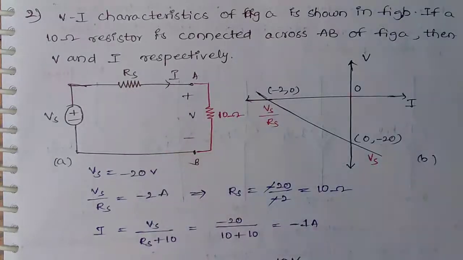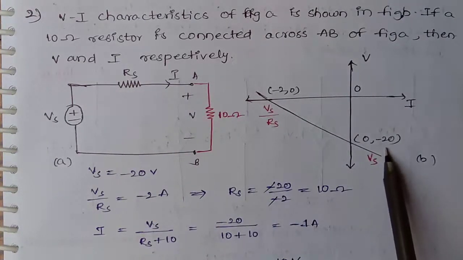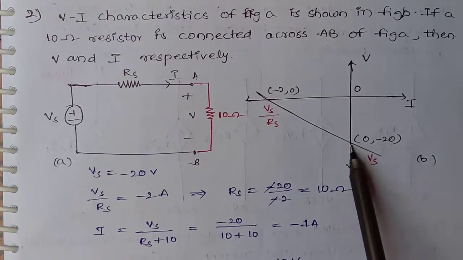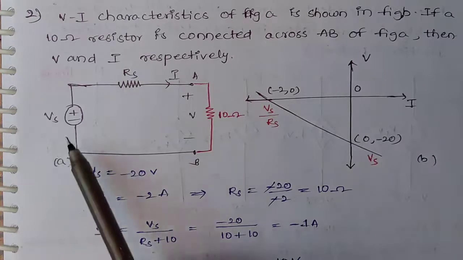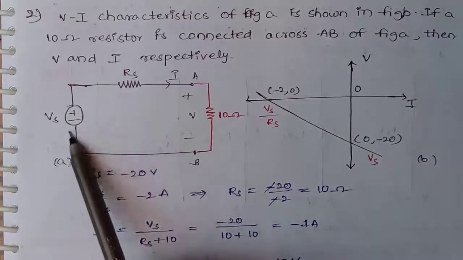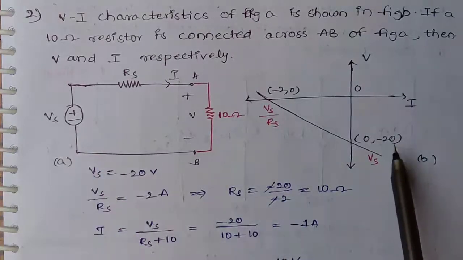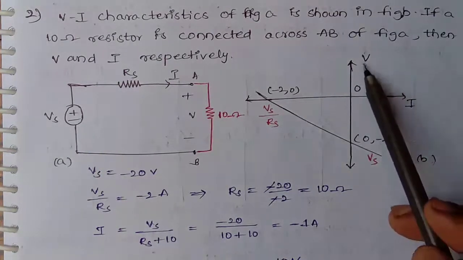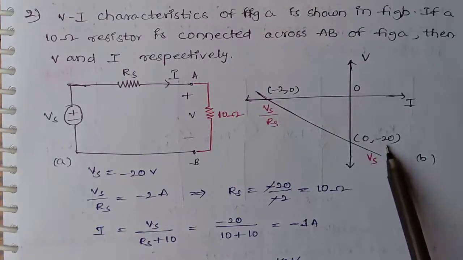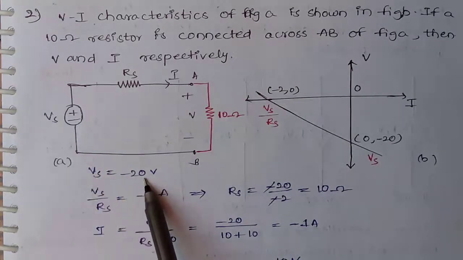This is a similar question, so you directly take Vs whatever the voltage value given on the y-axis, which is our internal voltage. So Vs is equal to -20 volts.